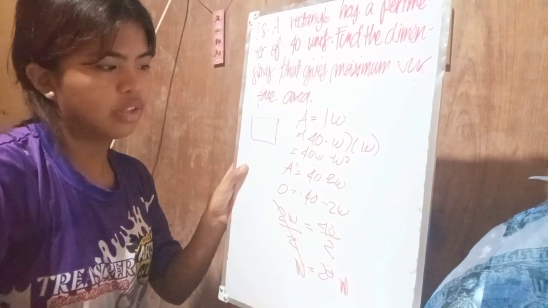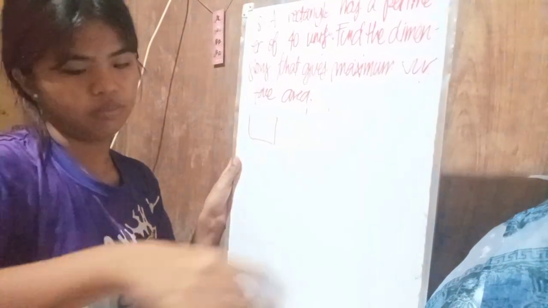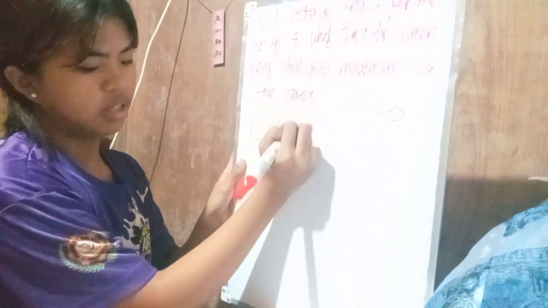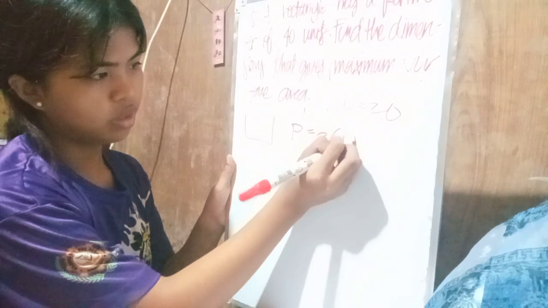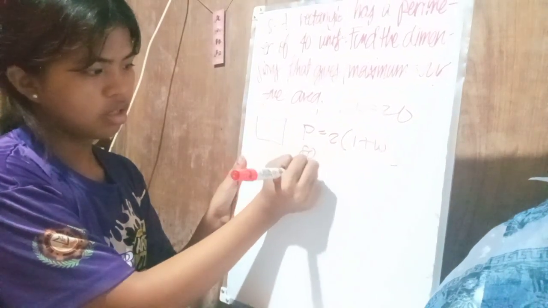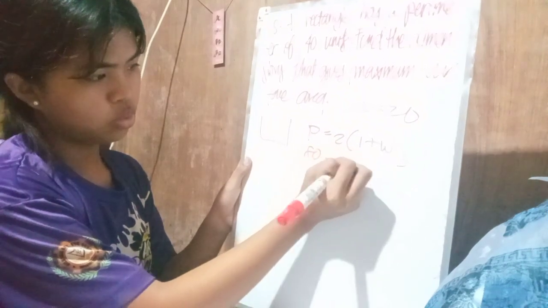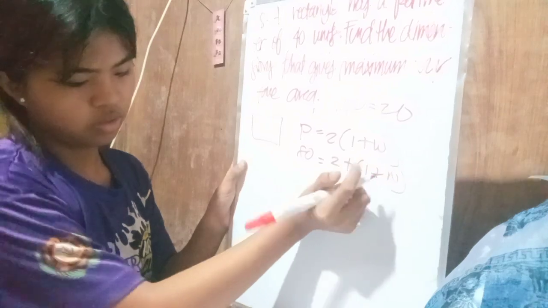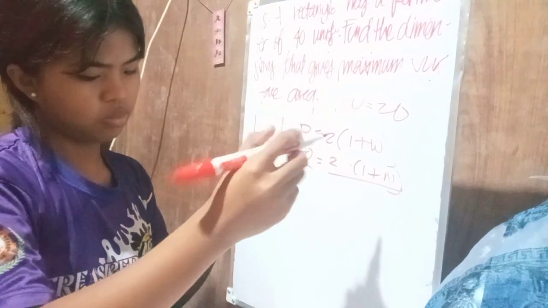So, now for the perimeter. W is 20. Now, for the perimeter, P equals 2 times l plus w. So, 80 equals 2 times l plus w. Divide both sides by 2.